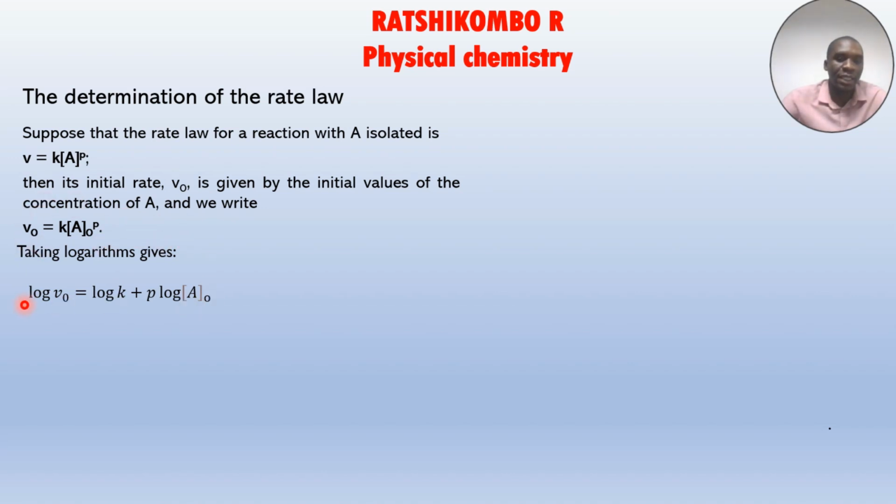Let me rearrange this equation nicely for you. It is the same equation as this one here. The only difference is that I swap these two, putting this one on this side and this one in this position.